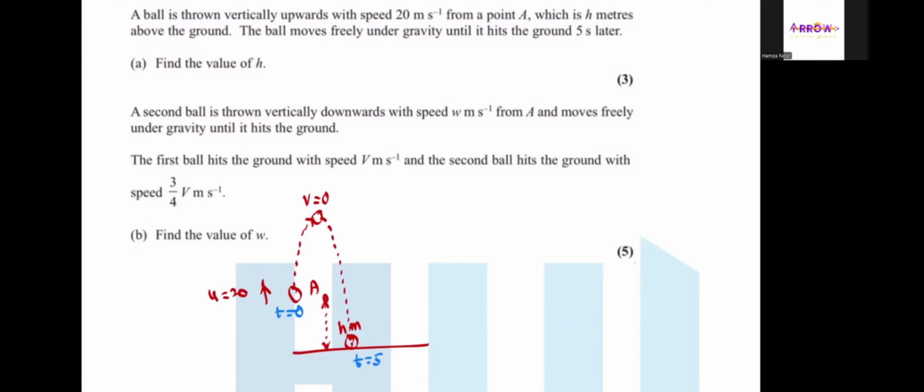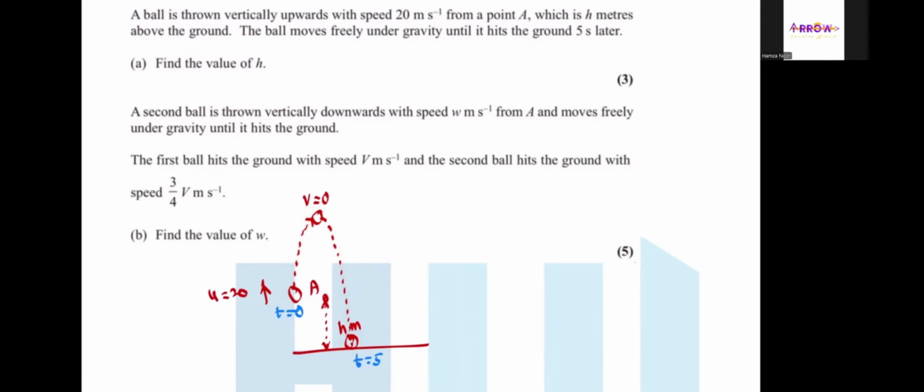Let's say the distance up to the maximum height is x meters. When the ball comes back to point A, the displacement is x minus x, which gives 0, and when t is equal to 5, the ball hits the ground, so the displacement will be minus h meters.